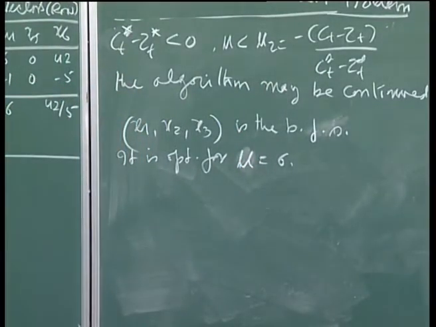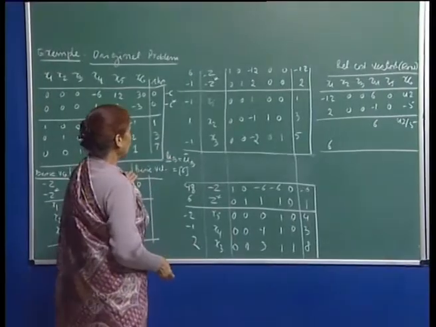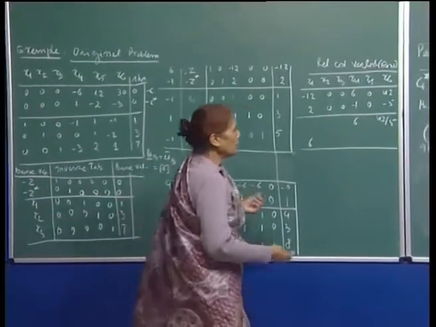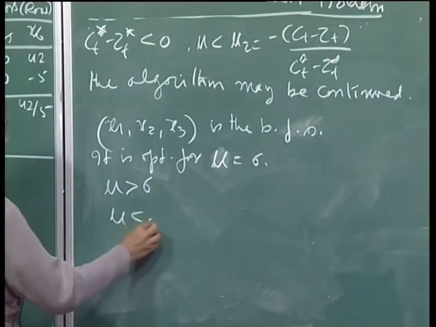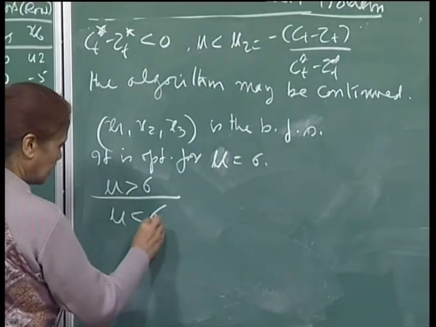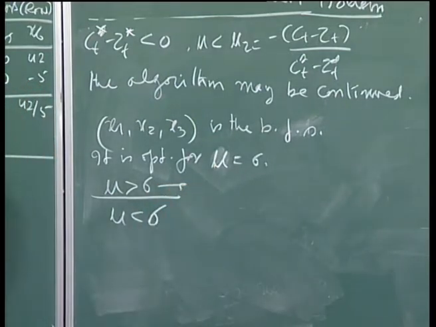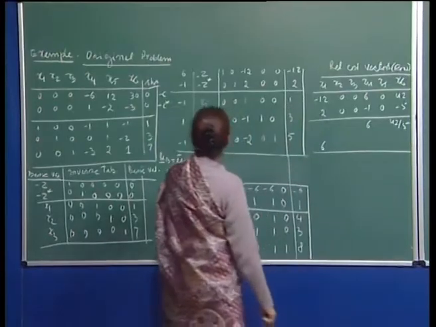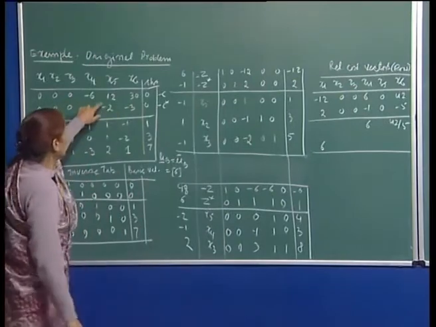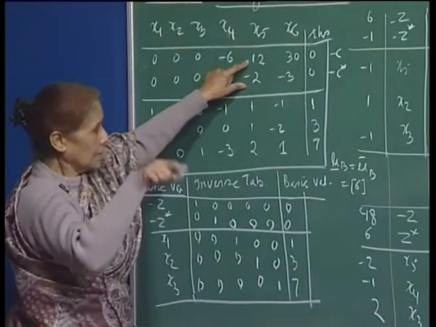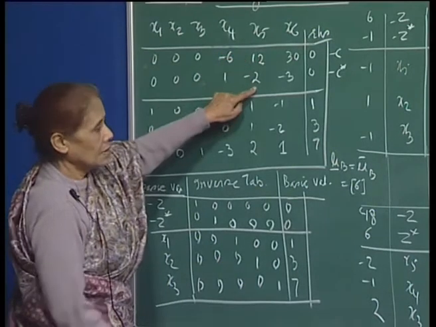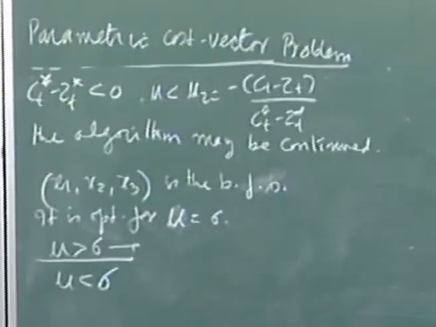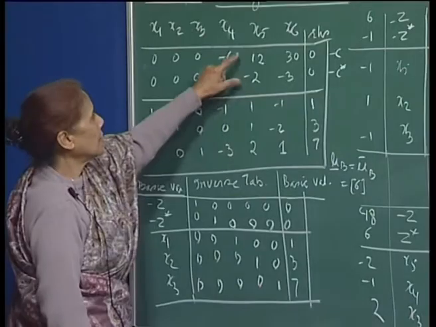So, this is the optimal solution, and now you have a choice of considering mu greater than 6 or mu less than 6. Suppose we continue with mu greater than 6. Then this number, your C5 minus Z5 with respect to mu, will become negative, because if mu is bigger than 6, this will become more than 12, and 12 minus something more than 12 will be negative.